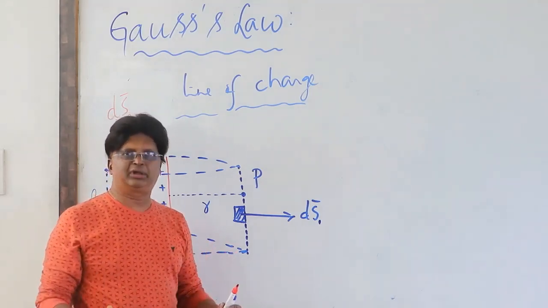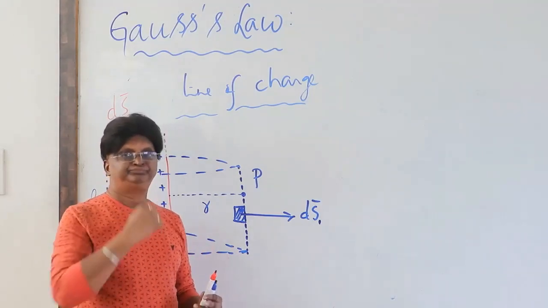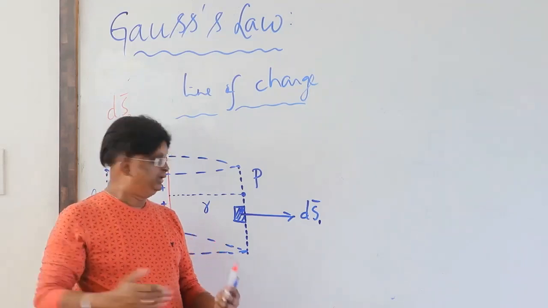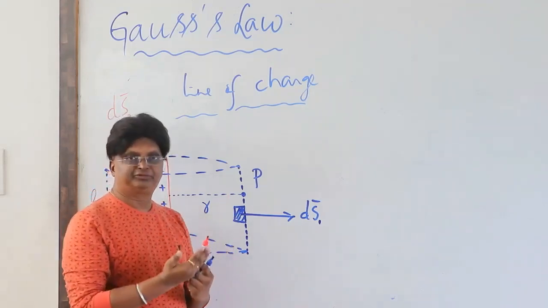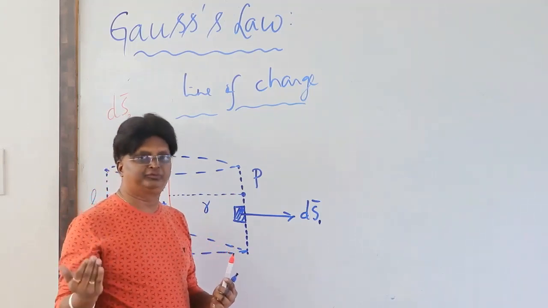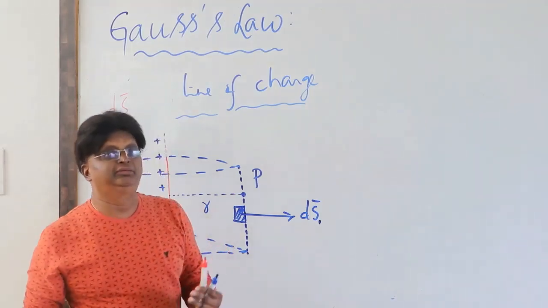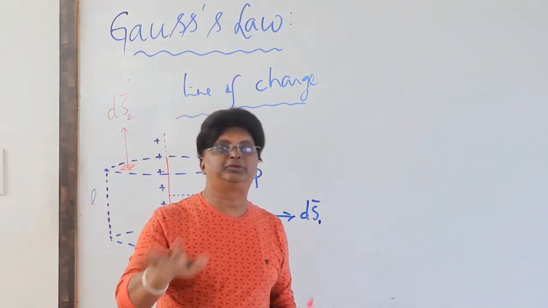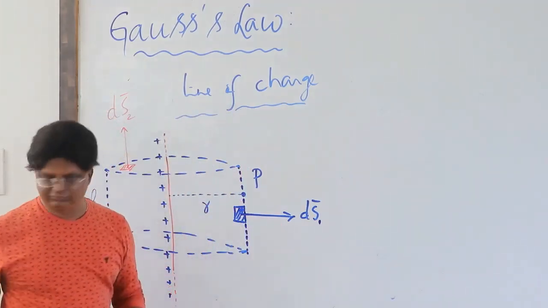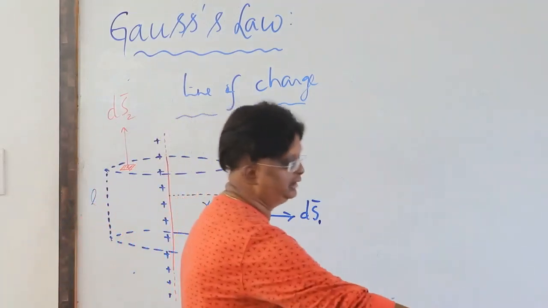Any conductor when you consider and you charge it, whatever electric field that it causes, or even in the case of the Gaussian surface, flux leaving or flux entering, the inward flux or outward flux, the flux always leaves or enters normal to the surface. Therefore here I am using one more color. Let me use this green color.